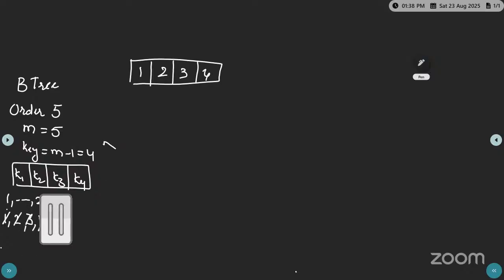Now I want to insert which element? Next element 5. Is it possible here in this node? Not possible. So just insert it outside your node. Insert the fifth element outside of your node and find out the key value.